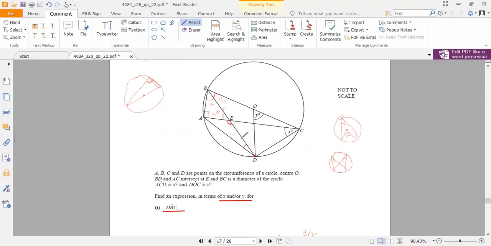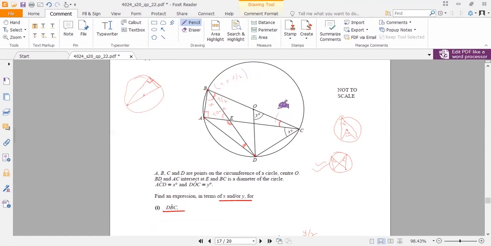For this, if we consider triangle ABC and find this angle, we know by this property that this angle will be equal to this one, because these two angles are made with the common points A and B. So to find this angle, we have 90 degrees here and here we have the sum of X plus Y upon 2.